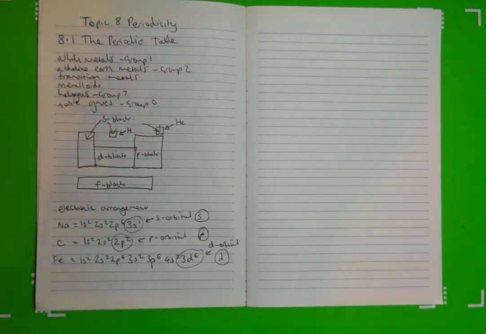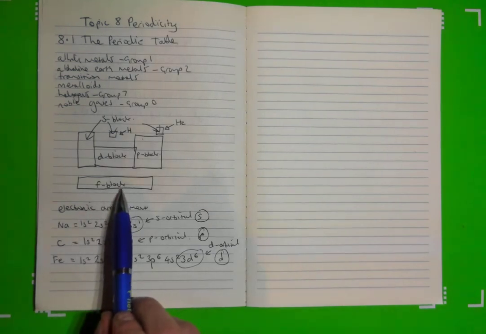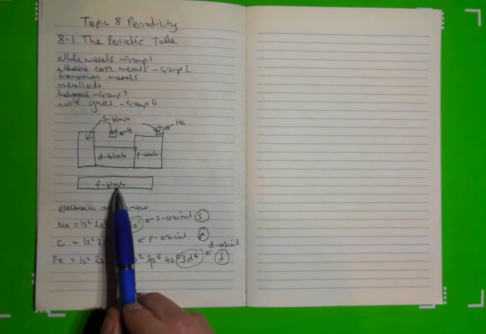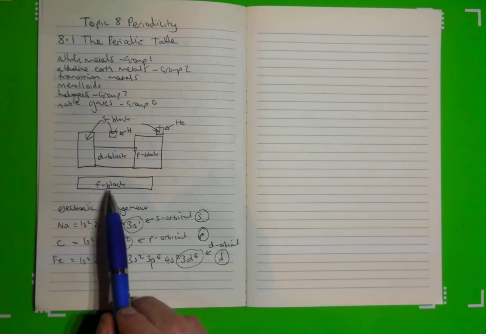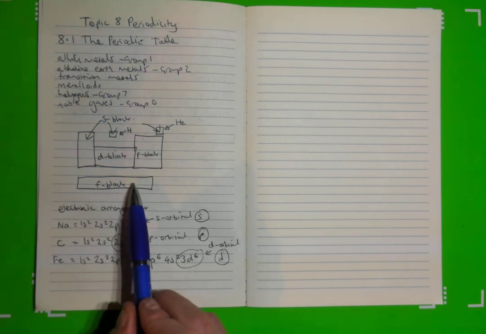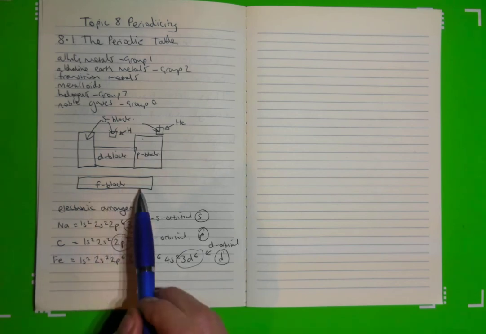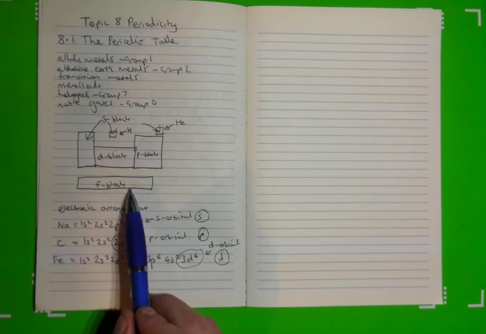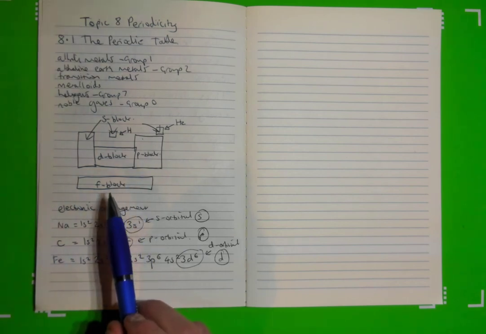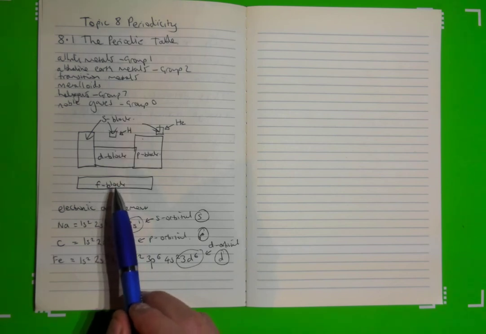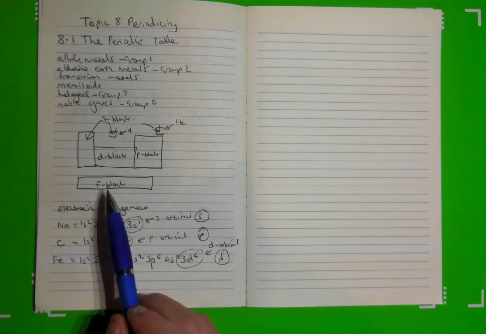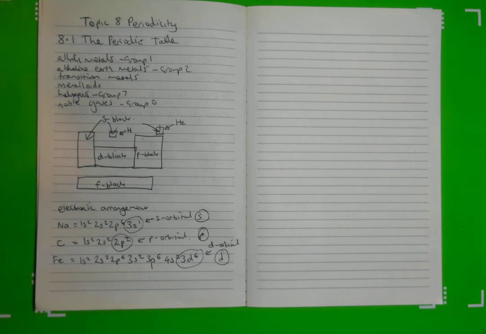And of course, if you were to write the electron arrangement of, let's say, I don't know, uranium with 92 electrons, you would find that the highest energy electrons would end up being in an f orbital. So we call that an f block element. I think actually there's only a couple of elements in the actinides which are occurring naturally.